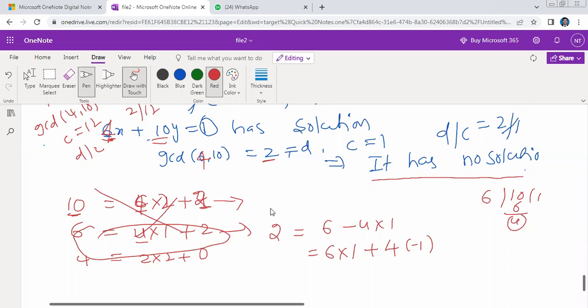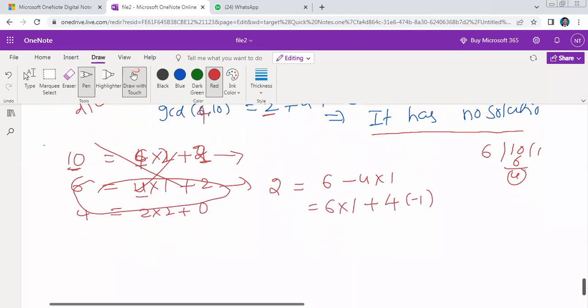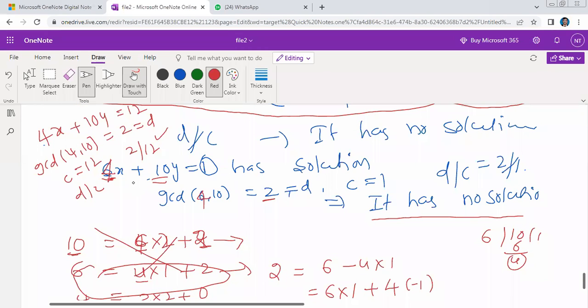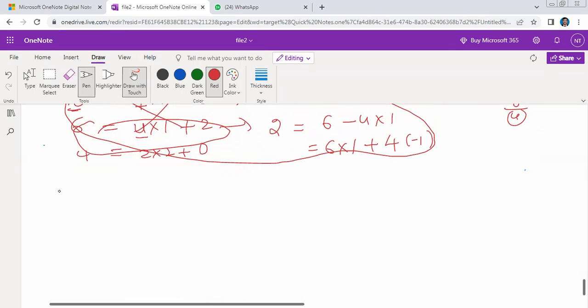Now I am taking 4x plus 10y equal to 2. I think I'm saying it once again, sorry. In the previous problem, 6x plus 10y is equal to 1 has no solution. No need to write like this. When there is no solution, we don't need to search for it. If you want, do it for the problem 4x plus 10y.